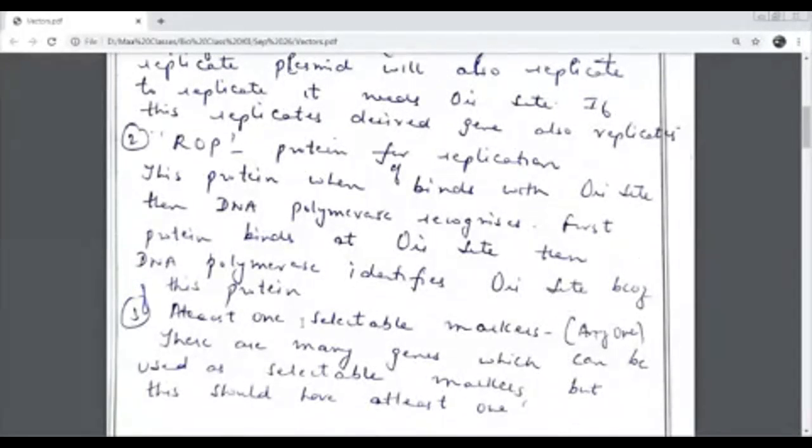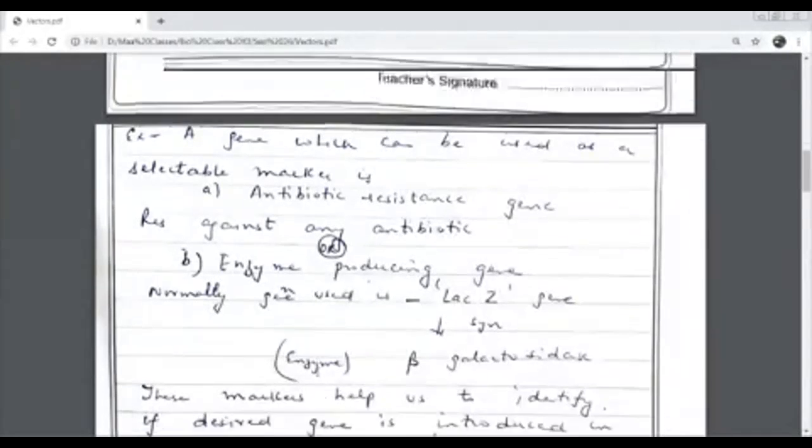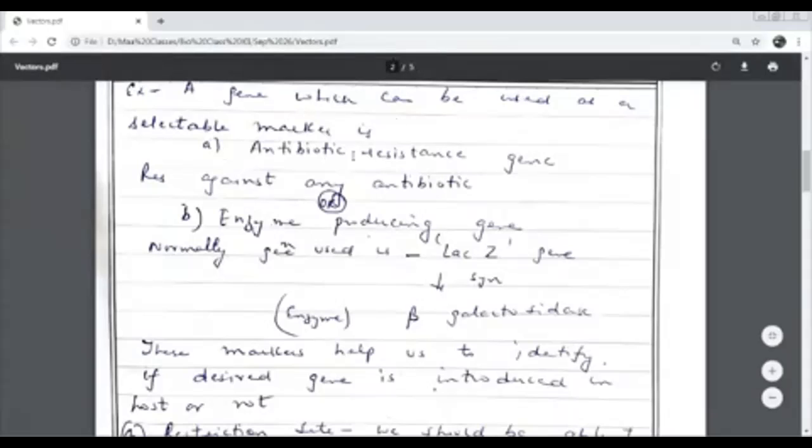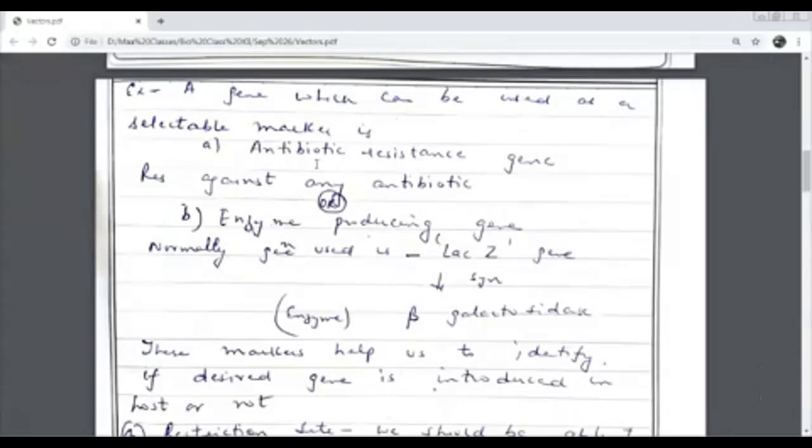The third thing which each vector should have is a marker, one selectable marker. We should have at least one. There are two types of selectable markers generally used in biotechnology. The first kind of gene which can be used is the antibiotic resistance gene.